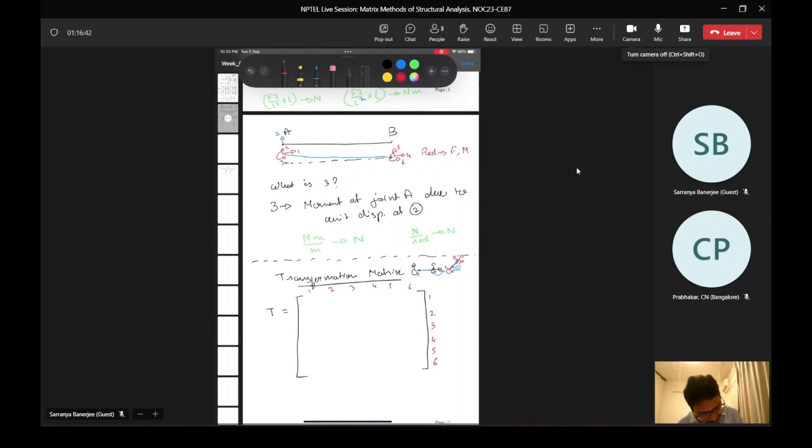What you can basically do is write at 3 comma 3 it would be 1, and at 6 comma 6 it would be 1, and that's all. Why 3 comma 3 and 6 comma 6? And also in all the other elements in these rows it will be 0.